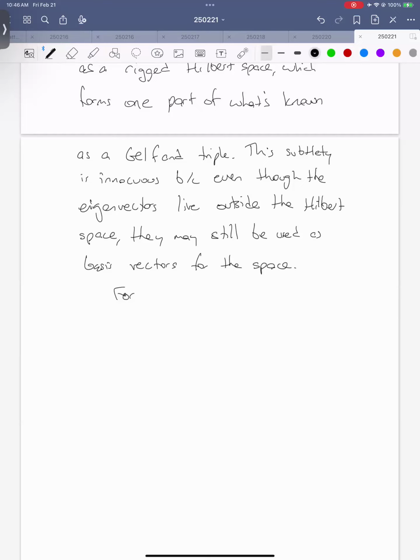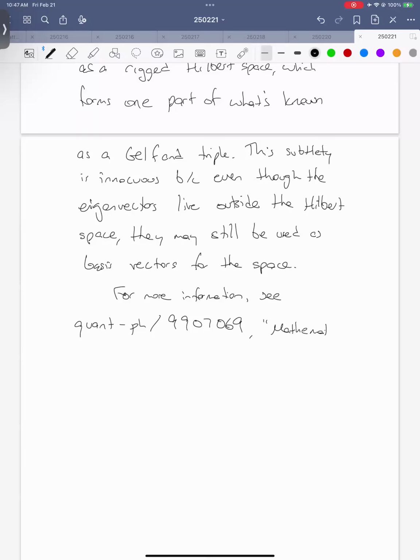So for more information, see quant-ph 9907069, which is titled Mathematical Surprises and Dirac's Formalism in Quantum Mechanics.